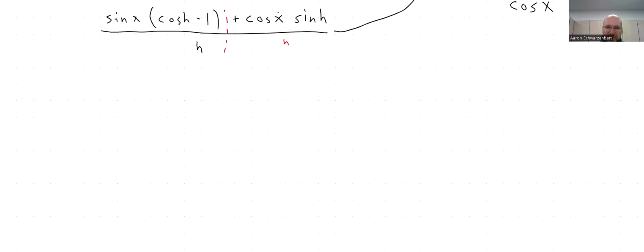So bottom is cosine times derivative of top. Derivative of top is cosine squared x. No, not cosine squared, just cosine x. Derivative of top is derivative of sine.